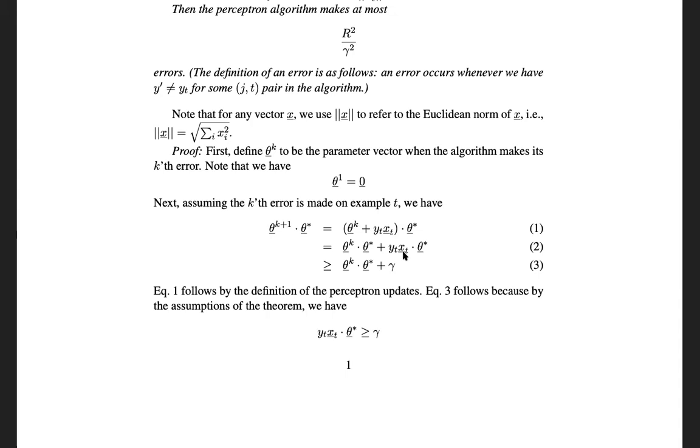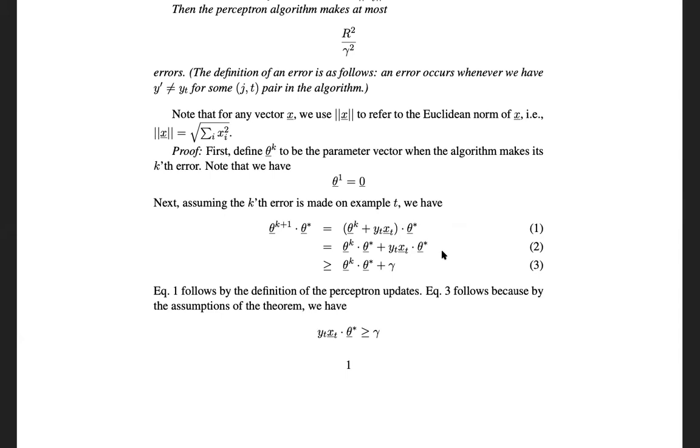Could you please repeat what gamma was? Gamma is such that for every point, the absolute value of x_t dot theta star is more than gamma. Since x_t dot theta star has sign equal to y_t, y_t times x_t dot theta star is nothing but the absolute value of x_t dot theta star, which is more than gamma.